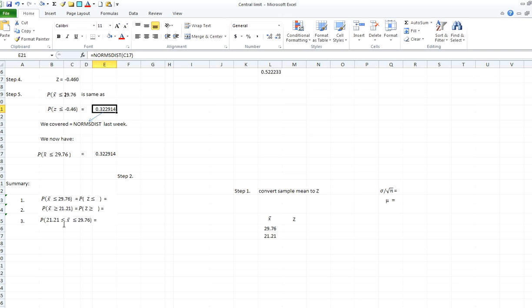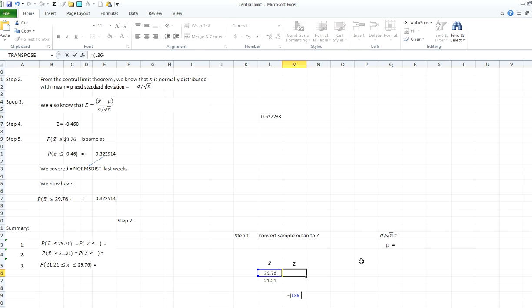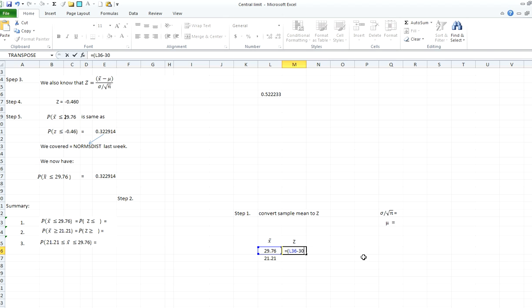Step number 1 is to convert x bar into z. How? The z will be x bar minus mu. How much is mu? Mu is 30. So x bar minus 30, divided by the standard deviation. I already calculated the standard deviation here, and I have given the cell reference.